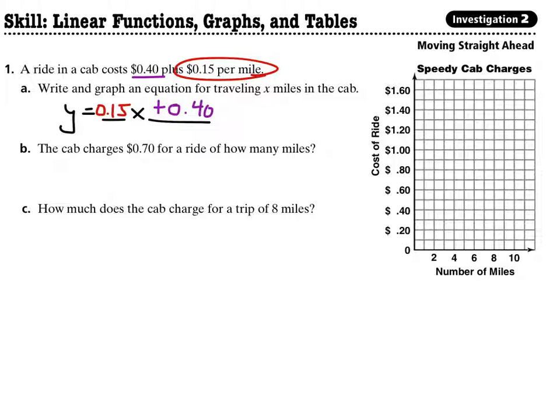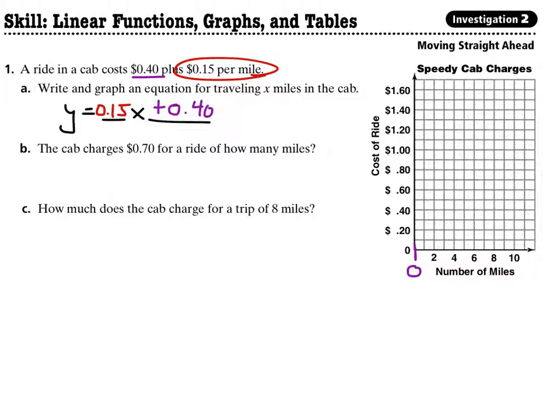So the next thing we're going to do is graph this equation on the graph that they've already given us. We can see the y-intercept is 0.40, so 40 cents, which means it'd be 40 cents for 0 miles.